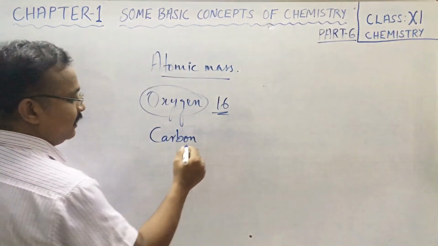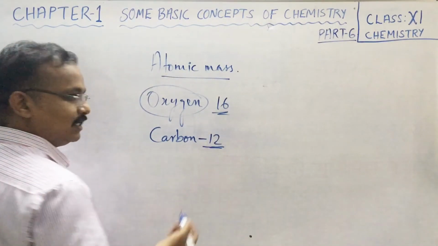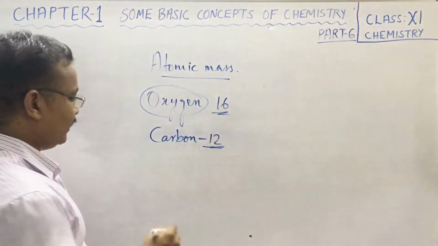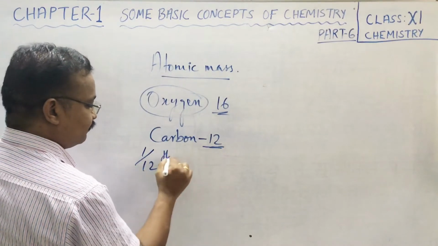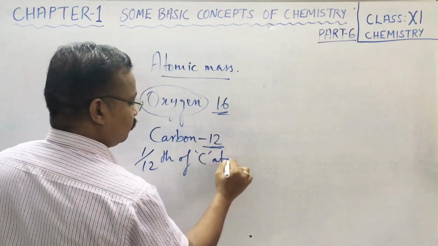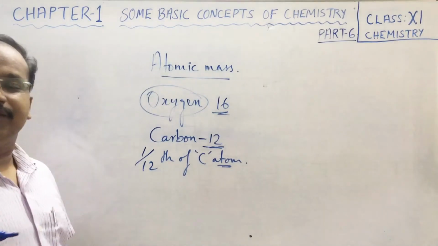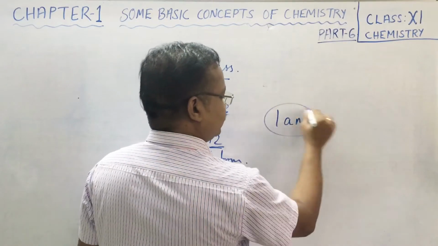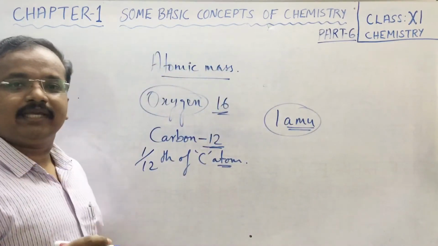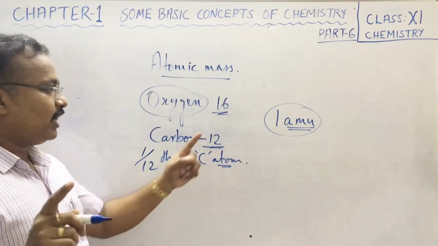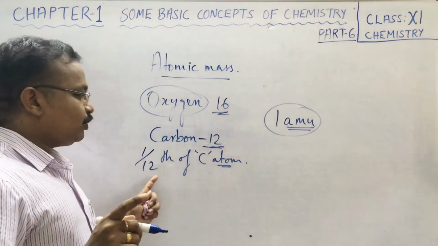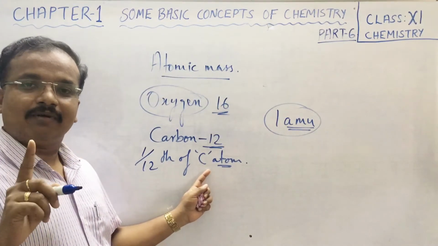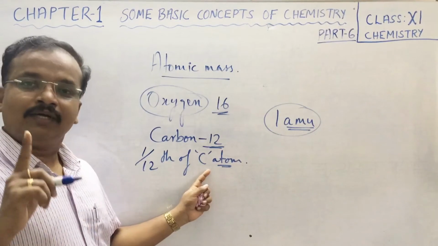Later they took the carbon-12 isotope as the reference atom, in which 1/12th of a carbon atom is considered to be one atomic mass unit, that is, AMU. AMU means atomic mass unit. You should also remember carbon-12 is one of the isotopes of carbon.